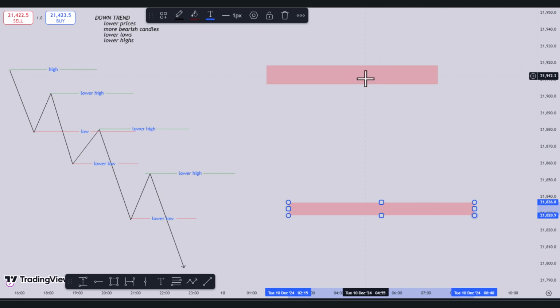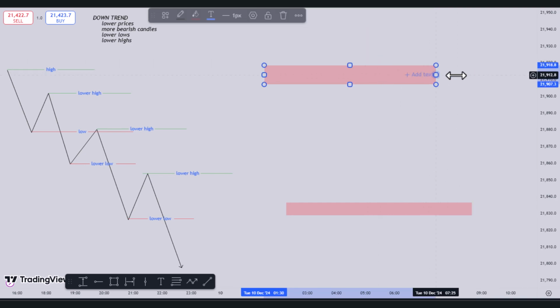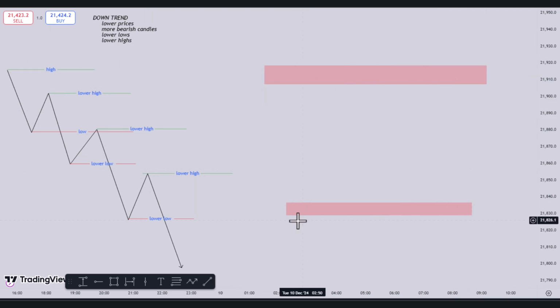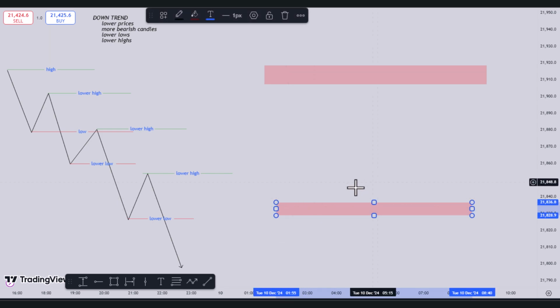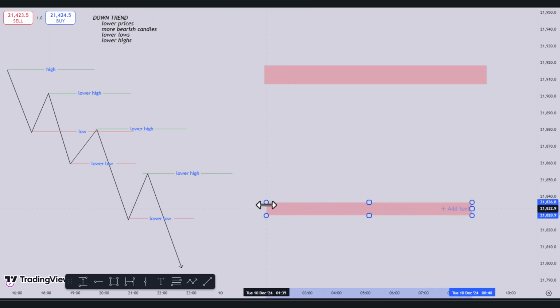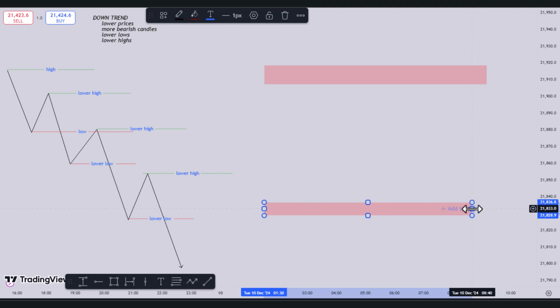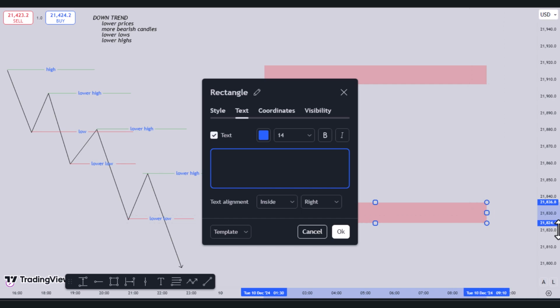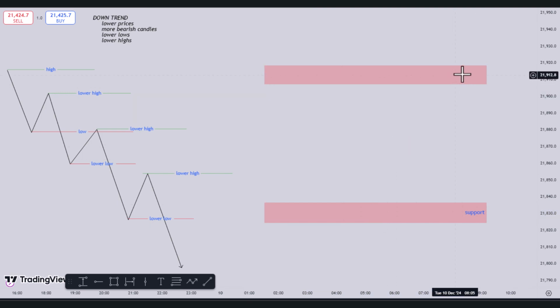I want to make sure that you're all at par when I'm using it. So this shall be our area of support, and this shall be our area of resistance.